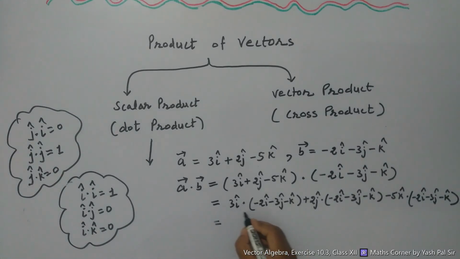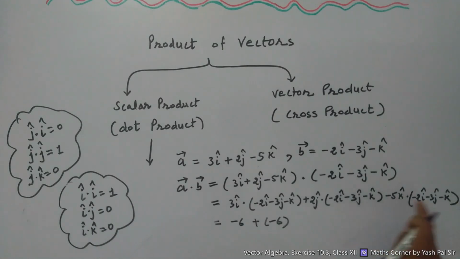Here this becomes i dot i, 3 into minus 2, which is minus 6. i dot i becomes 1, i dot j is equal to 0, i dot k is equal to 0. Second time, this is plus 2, j dot i 0, j dot j 1, 2 into minus 3, this is minus 6.